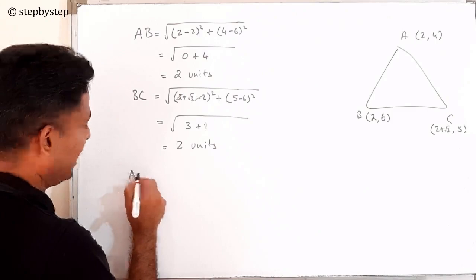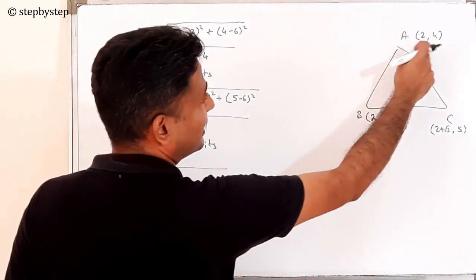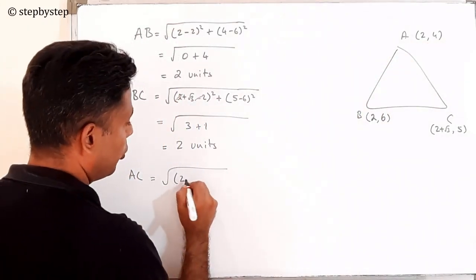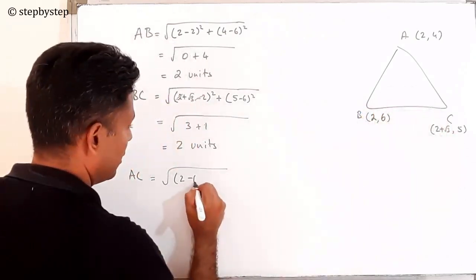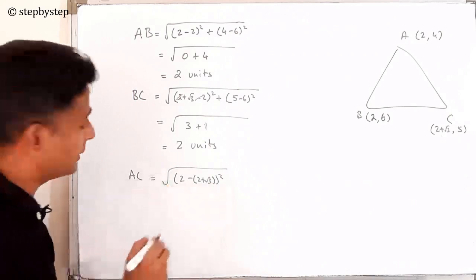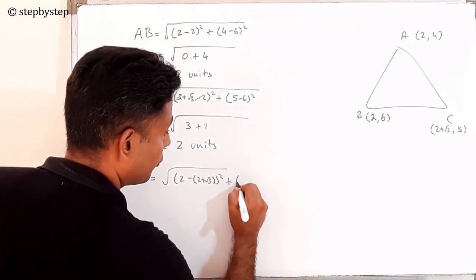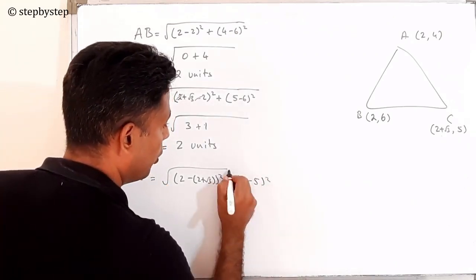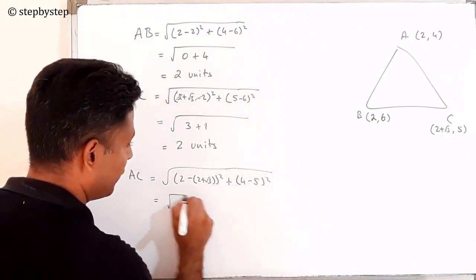Then finally we'll find AC. Again I'll take this as x2, y2. So 2 minus 2 plus root 3, we have to put it in brackets guys, remember, because the minus sign is there, plus 4 minus 5 whole square. So what happens when we open the brackets?